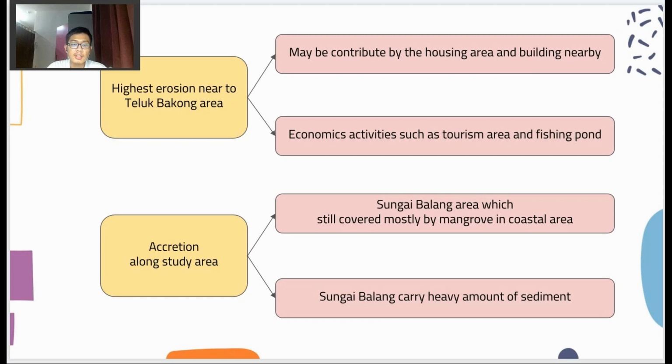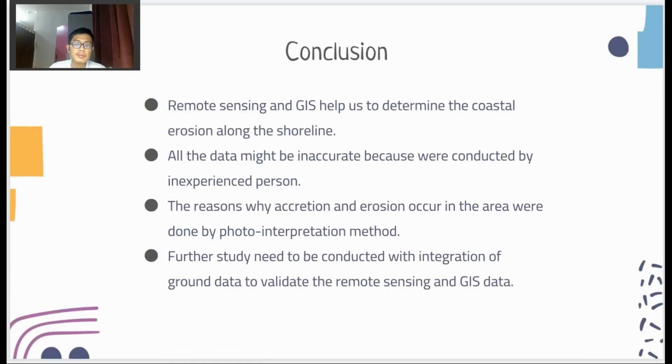So in this study, we also gather data on accretion, which mostly occurs at Sungai Balang. So Sungai Balang area is still covered mostly by mangrove in the coastal area, and another factor might be that it carries a heavy amount of sediment to the coastal area nearby.